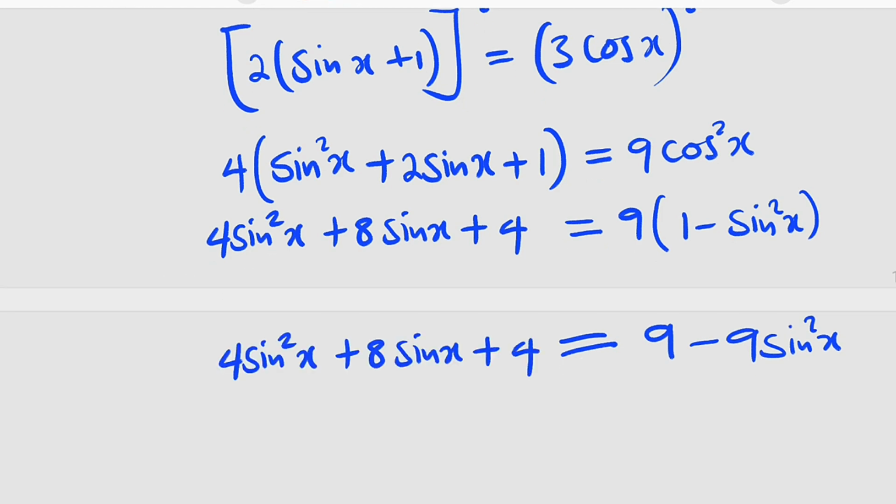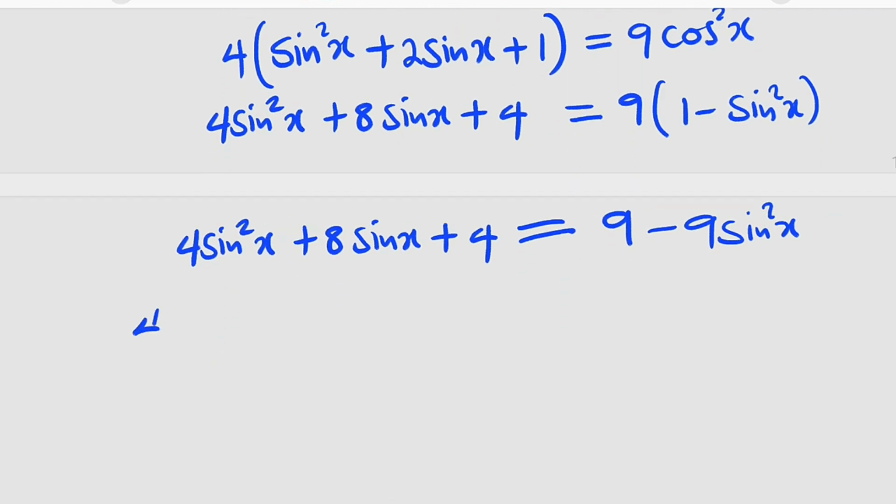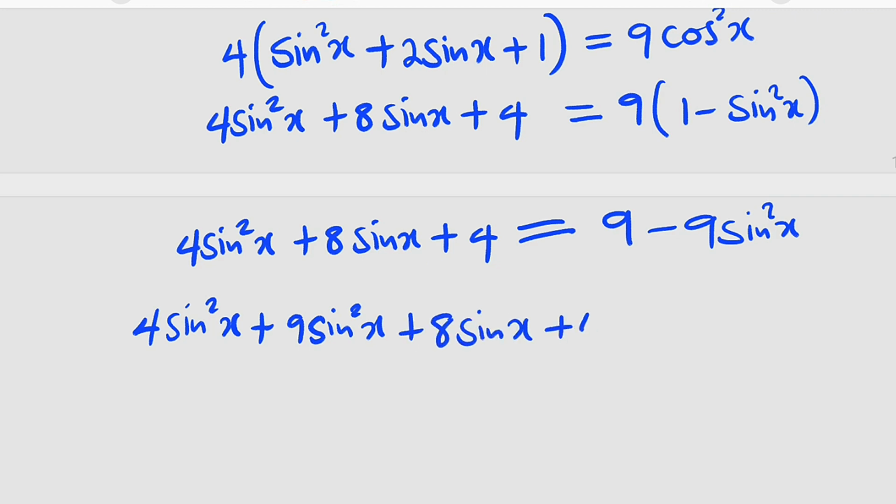Now let us bring every single term to the left hand side. So we have 4 sine squared x. As -9 sine squared x crosses over, it becomes positive as well. We have 9 sine squared x. Then we have plus 8 sine x plus 4.